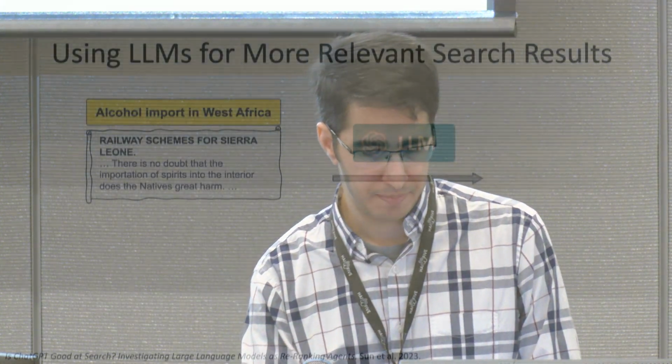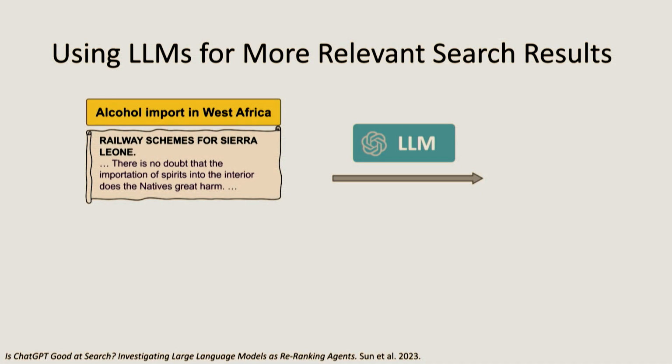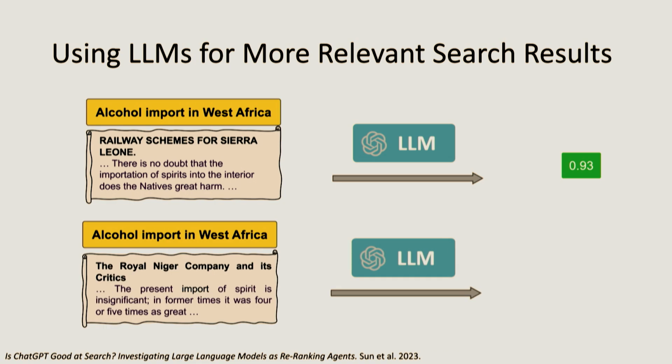So for that, it turns out that we can actually use a large language model again to more closely score the relevance of each retrieved document with the original user query. So for example, in this case, the scores are between 0 and 1, and some of them might not be relevant, might be closer to 0. And doing this in this way, because of the deeper understanding that large language models have of language compared to just embedding models, it improves the accuracy of search results a lot more.